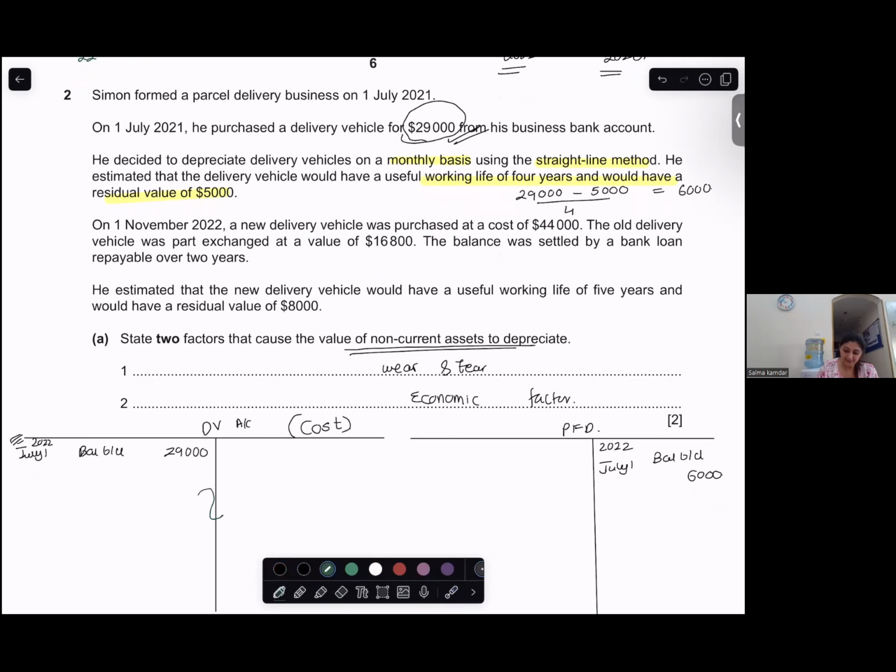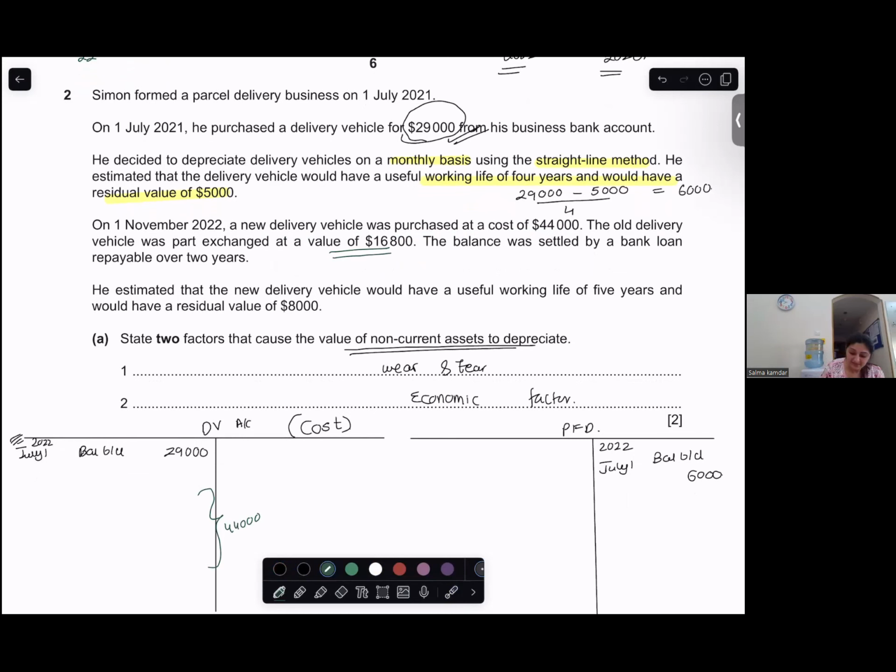On this side, the purchase should come in, and you have purchased the vehicle for 44,000. Old was disposed at an exchange value of 16,800. Old has gone, new has come in.